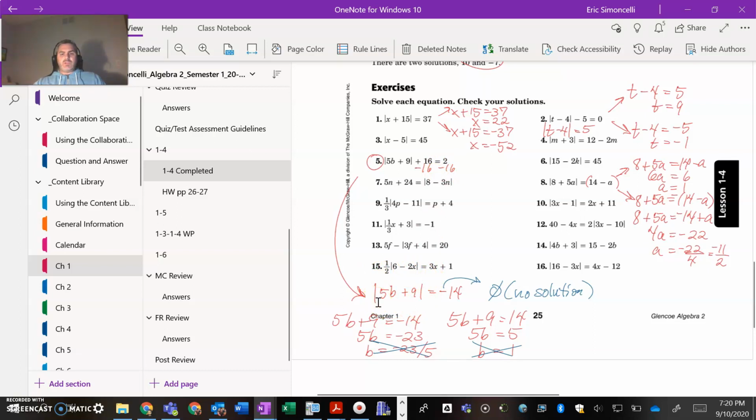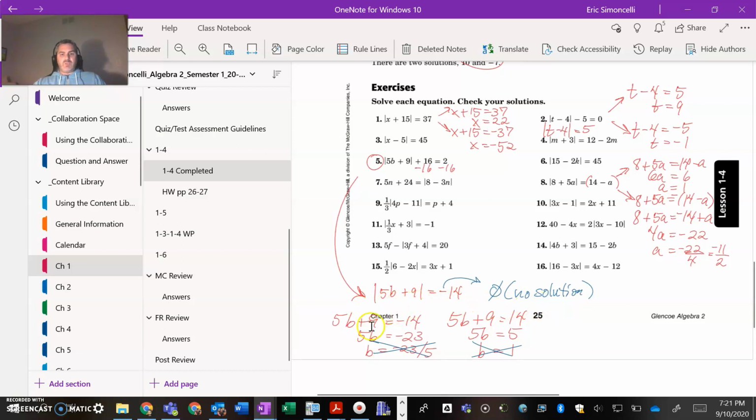Now, as we think about how this is going to play out in advance of actually doing the algebra, if you ever take the absolute value of any quantity, we talked way back at the beginning of our lesson that it always ends up being a positive result. So there is no number that you could ever plug in here for b and get a negative answer. So the answer will end up being no solution, but let's prove it using the two cases.